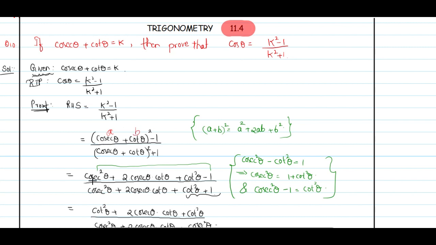So, a square is cosecant square theta, plus 2ab, that is 2 cosecant theta cot theta, plus b square is cot square theta, minus 1 as it is. Now, in the denominator also we will apply this same identity: cosecant square theta plus 2 cosecant theta cot theta plus cot square theta plus 1.